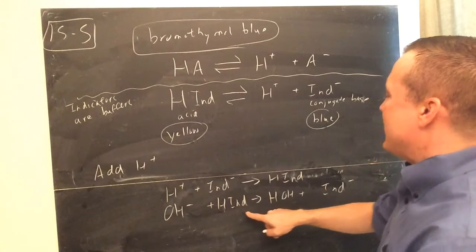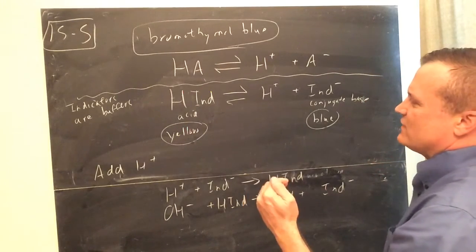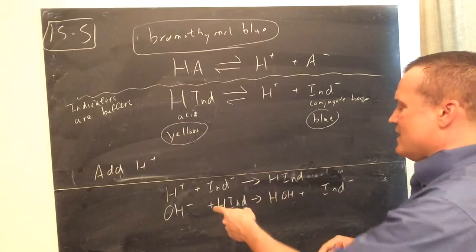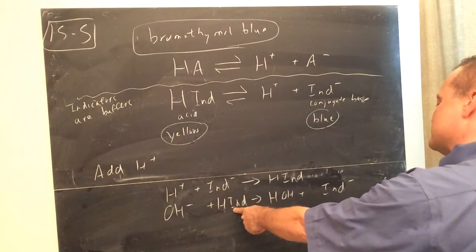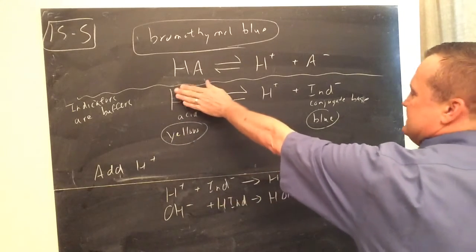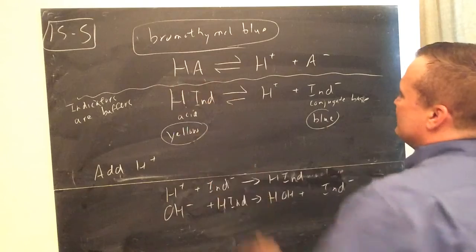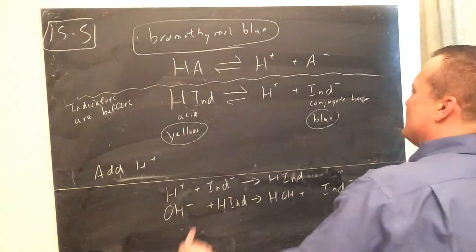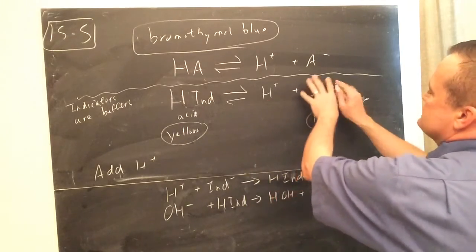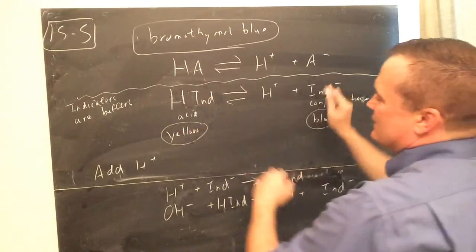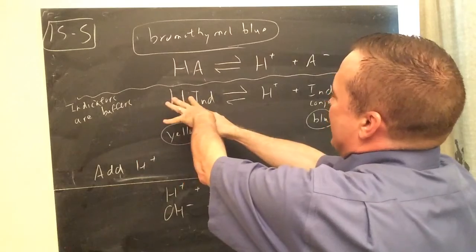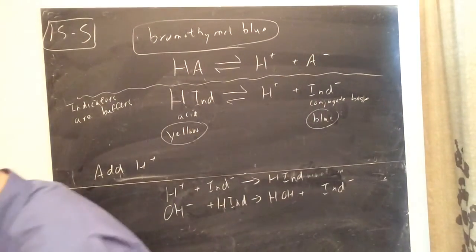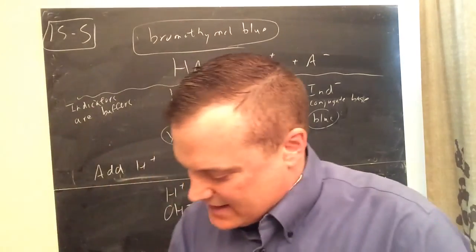If you thought about Le Chatelier, you would think it would go the other way, but oh well. The OH reacts with that, takes away this. If you decrease this amount, it's blue. Just like if you decrease this amount, it's yellow. Probably it's better to think of it that way. So if acid is added, it decreases the Ind negative and it becomes more yellow. If base is added, it decreases the acid, it becomes more blue. Okay, that is it really. That's all you need to know about the indicators there.